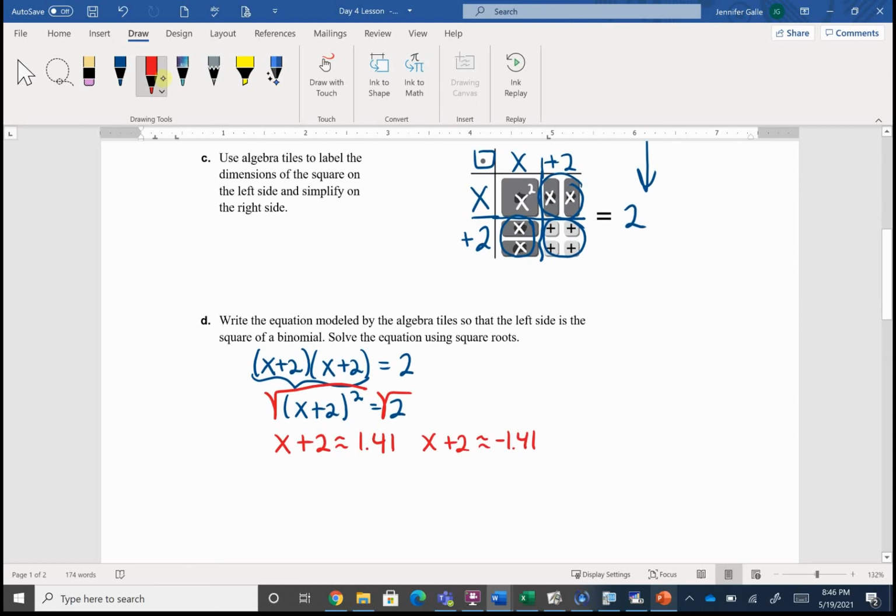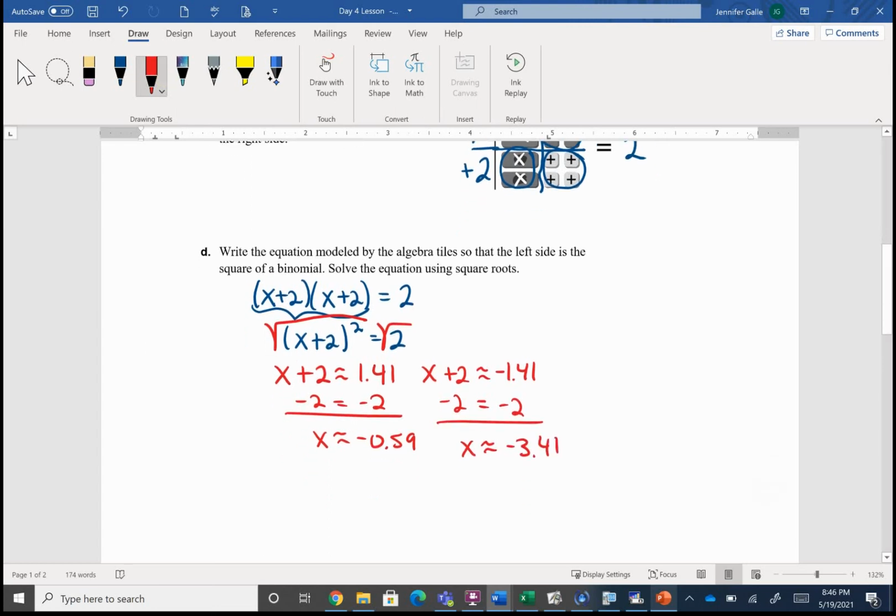Now to finish this off, we just subtract 2 from both sides. So we have 1.41 minus 2. So one x is roughly negative 0.59. And then the other one is approximately negative 3.41.